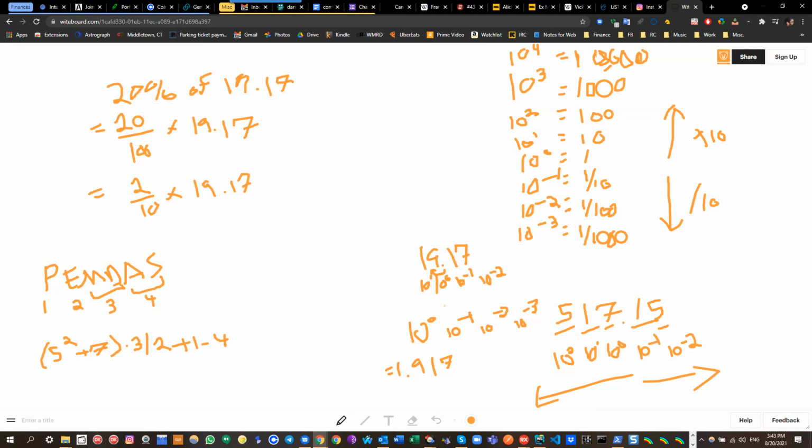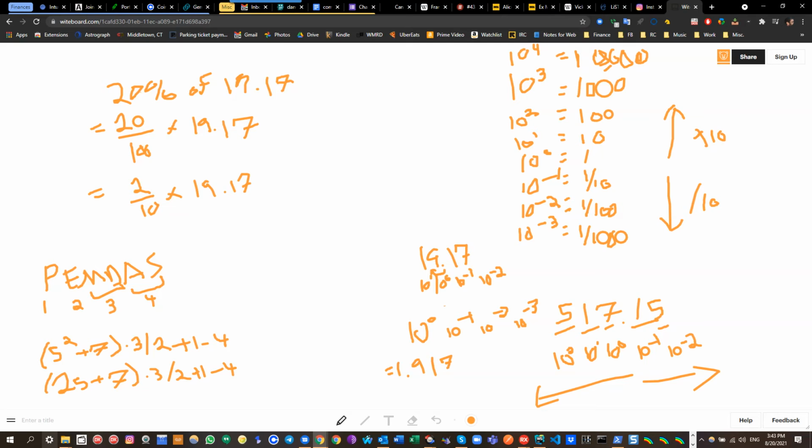So first I have to do the exponent part, so that becomes 25 plus 7 times 3 divided by 2 plus 1 minus 4.